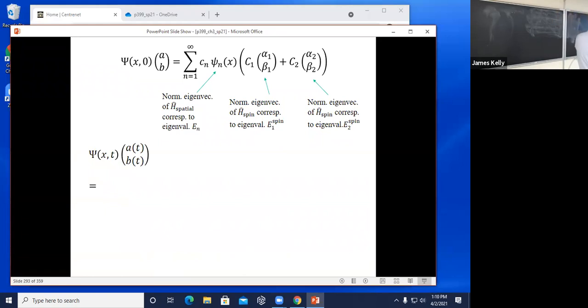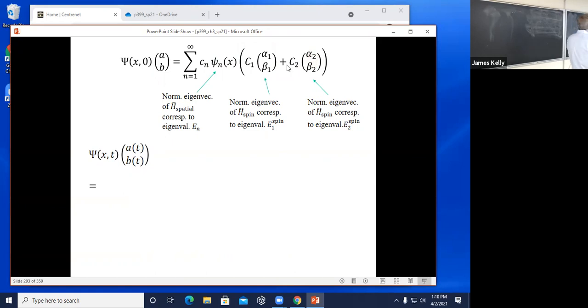Okay. Now, how do I put in the time dependence of a state like this? Well, the same way we did before. We say, take each term in the series. So one term in the series might be this one for index n here multiplied by this one. This spatial wave function multiplied by this second one is another term in the series.